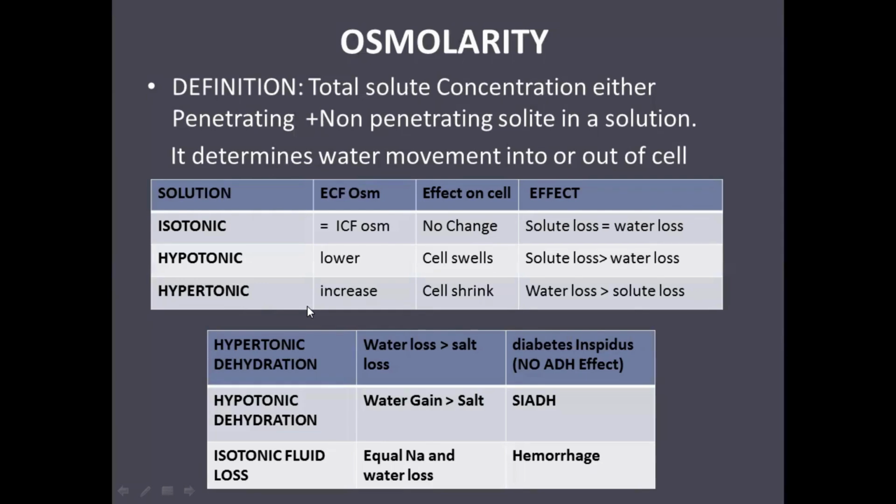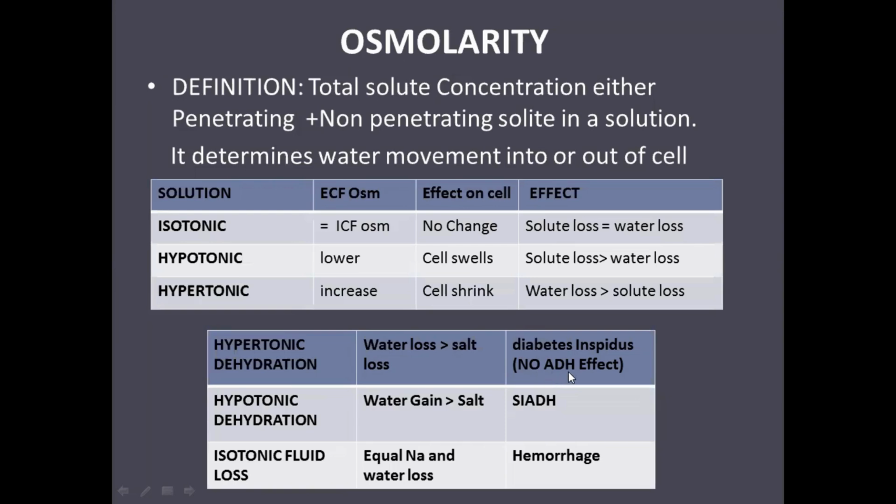Now moving towards another condition: in dehydration, how does the osmolarity increase? We know that in dehydration there is more water loss compared to the loss of solute. An example is diabetes insipidus. In diabetes insipidus, there is no ADH effect. That means ADH is not going to reabsorb the water from your nephron's lumen back into your blood.